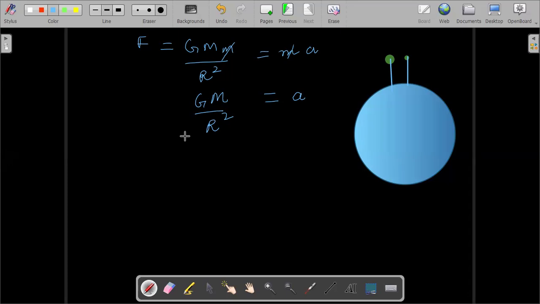The object which has more mass should fall earlier. But our calculation shows that acceleration in both the masses will be the same. So whether you drop a heavy object or a light object, both the objects will fall on the surface of the earth at the same time. They will take the same time to reach the surface of earth.